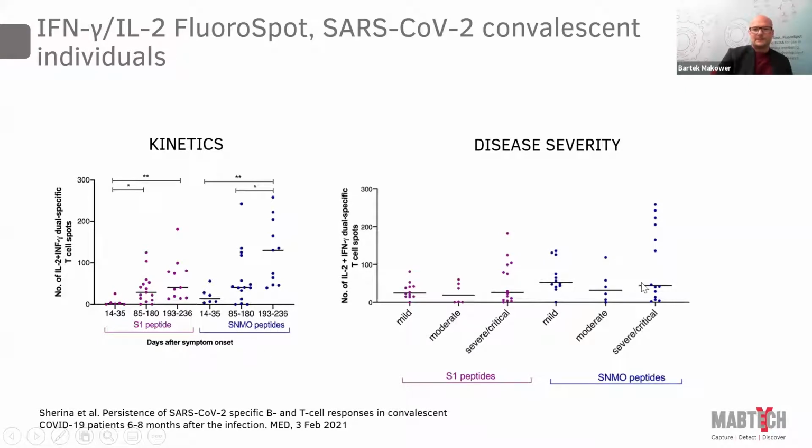Looking at disease severity, there's a trend at least that severe critical patients have lower frequencies of memory T cells compared to mild, which correlates with all the other published data that T cells are important to control disease.